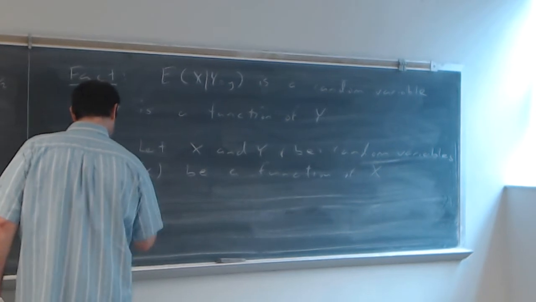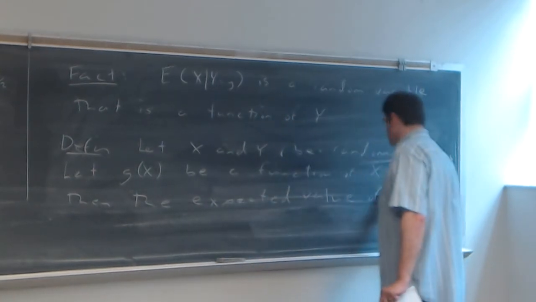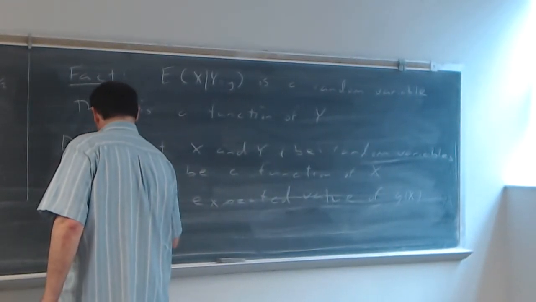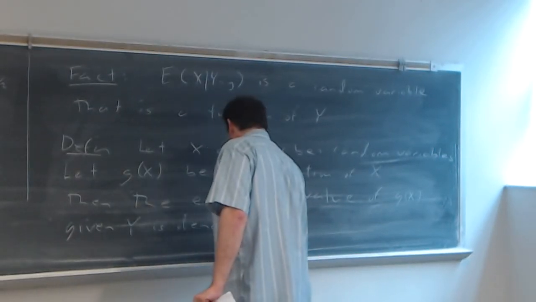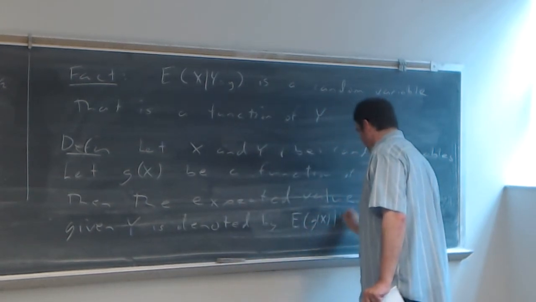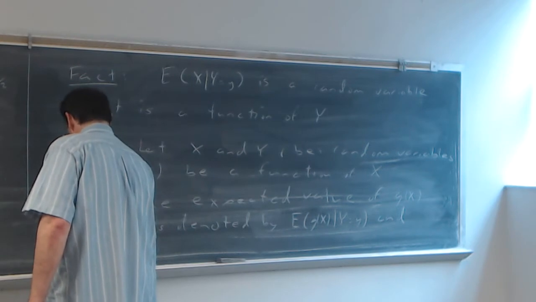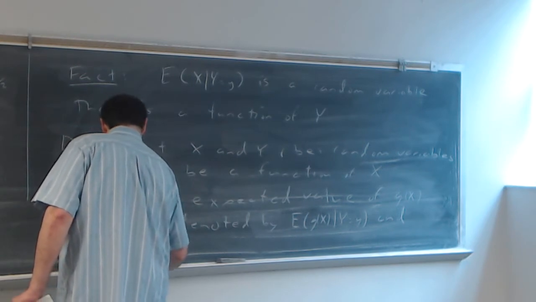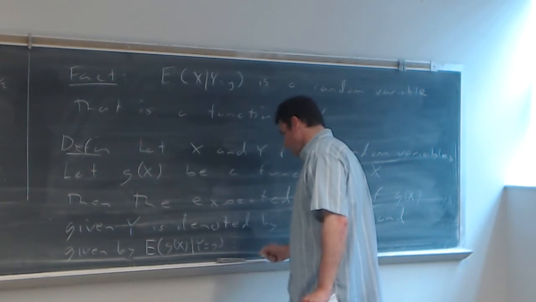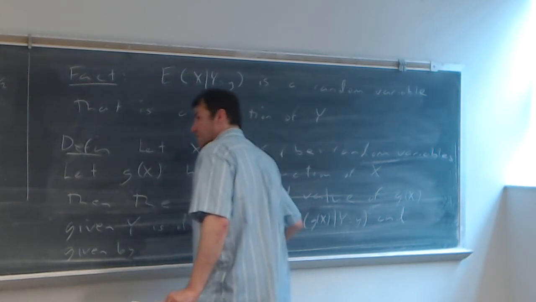The expected value of g of x given y is denoted by the expected value of g of x given y equal to y, and given by the expected value of g of x given y equals y is equal to, okay, well, I'm going to write it over here because it's got two forms depending upon whether x and y are discrete.